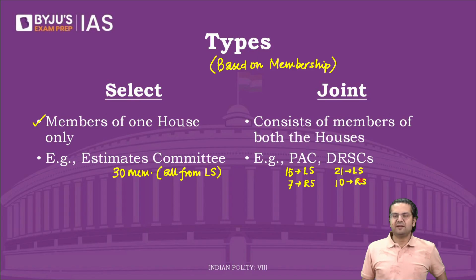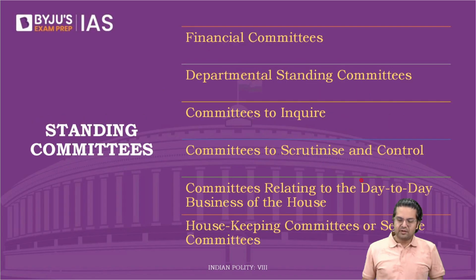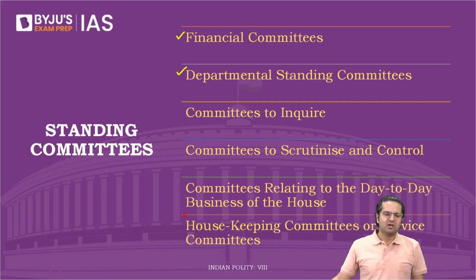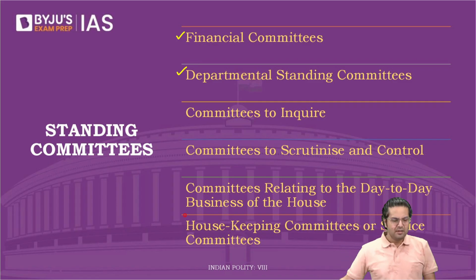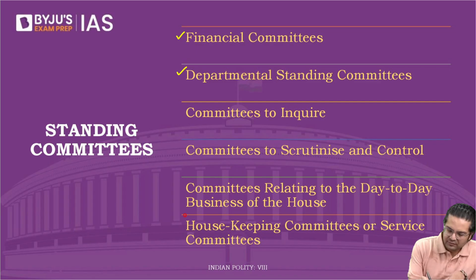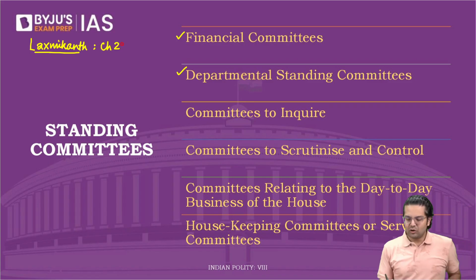These are the 6 standing committees. What is important is the financial committees and the DRSCs. The other 4 types are not really important. In your book Lakshmikant, you have chapter 23, which is the reference to the committees, (23.8) onwards.